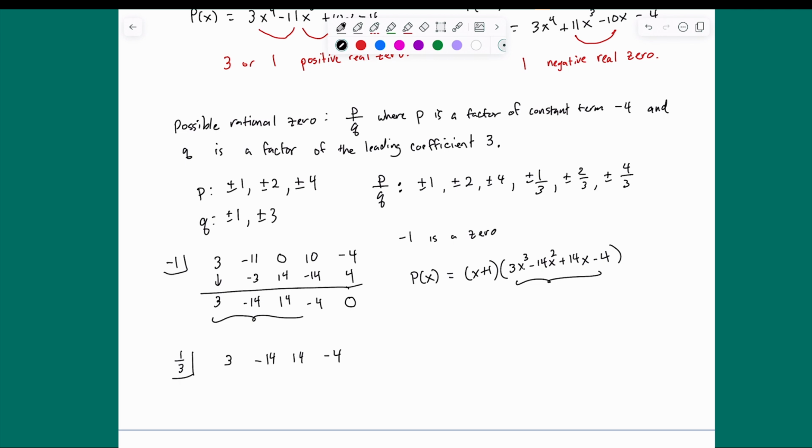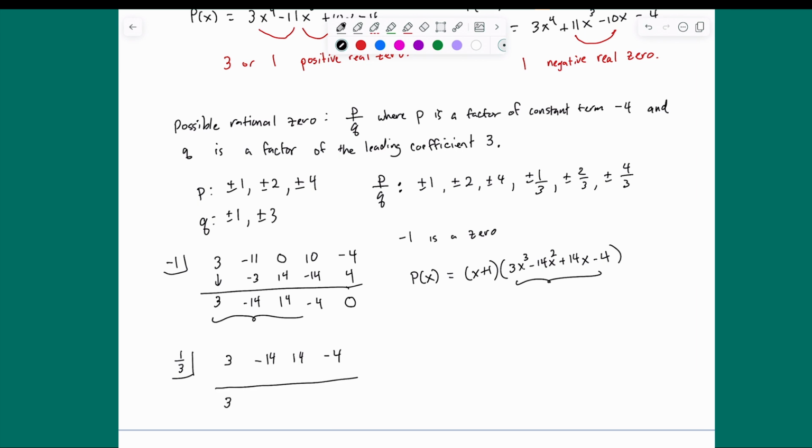And not only that, you should note that the quotient has the same leading coefficient and the same constant term, and so the list is the same. In other words, if you perform the rational zero test again, then we would get the same list. Okay, so I'm going to try 1/3 now.